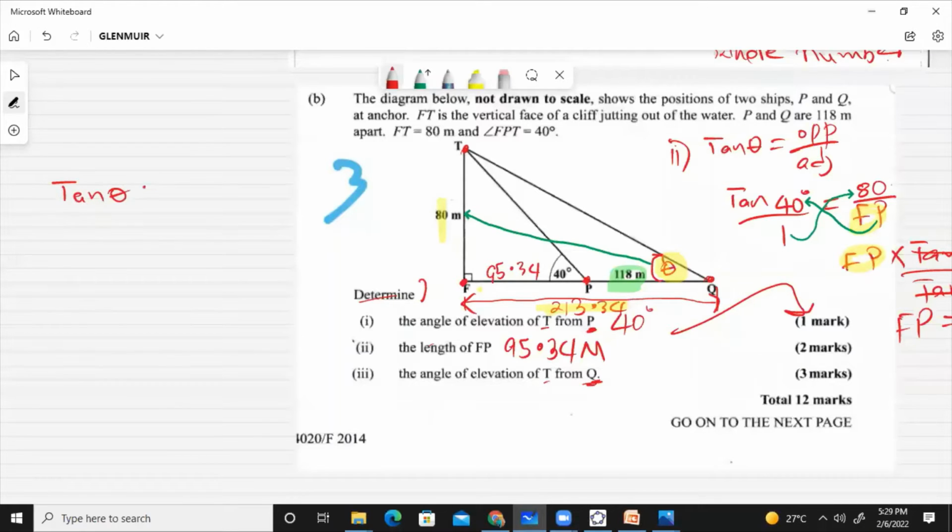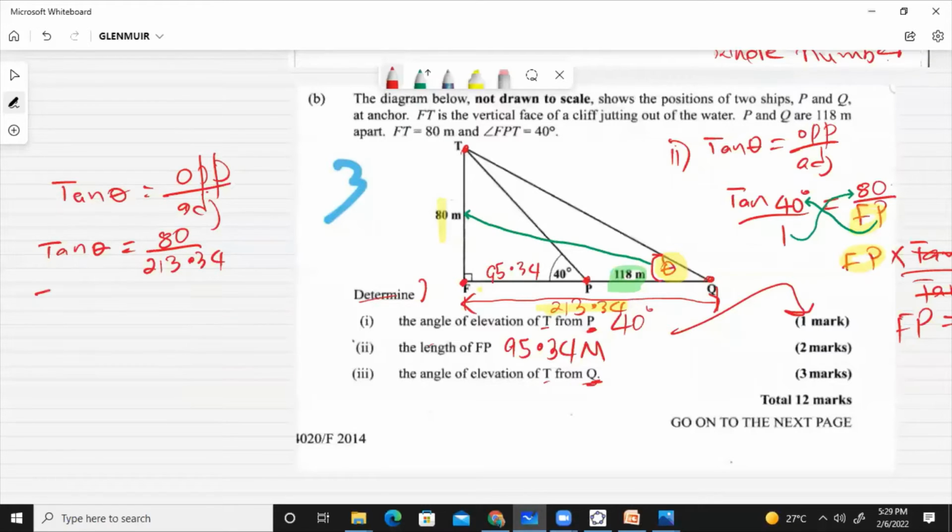They use the tangent a lot, but I can't tell you that they will always use it, but it is used 99.9% of the time with elevations and depressions. So let us go about finding this. The tangent of the angle that we are in search of is equal to the opposite side, which is 80 meters, divided by the adjacent side, which is 213.34.